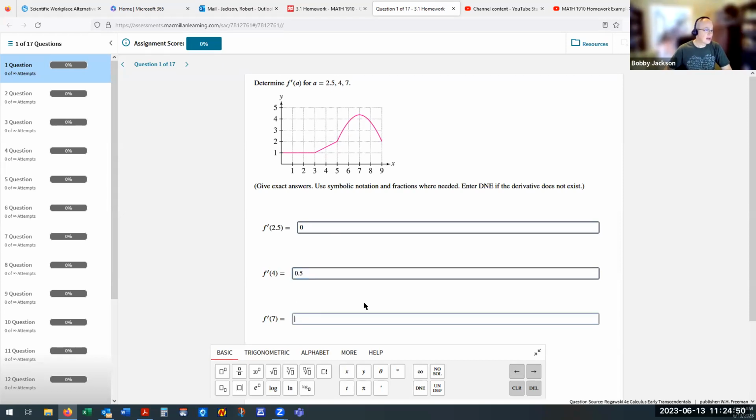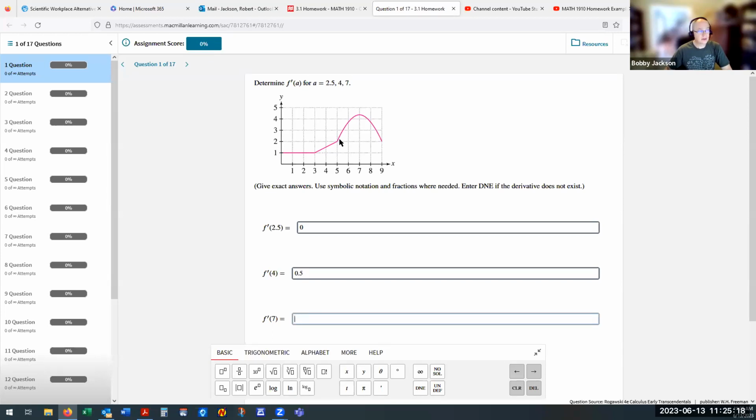And then at 7, notice between 5 and 9, the graph is not a line anymore. It's not linear. It looks like a quadratic function of some type, possibly. And the slope is changing. The tangent line changes as x varies from 5 to 9. Between 5 and 7, if I check any point on the graph of the function, the tangent line will be a line with positive slope.